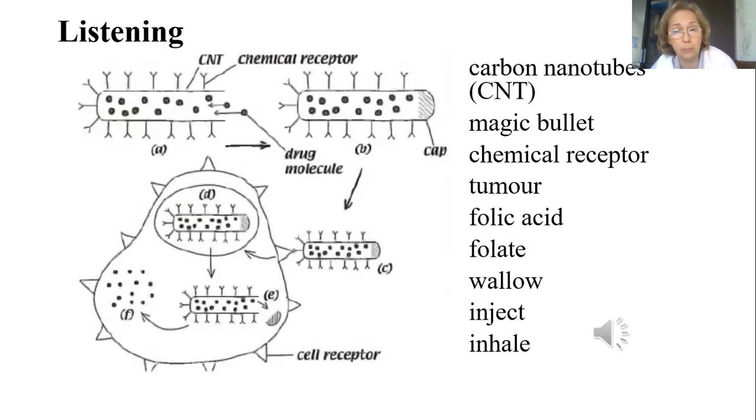This is проглатывать, глотать. Then inject. Drugs are normally injected, so if a person is sick, inject, сделать инъекцию, да, ввести с помощью инъекции. And inhale is to breathe in, вдыхать что-то.